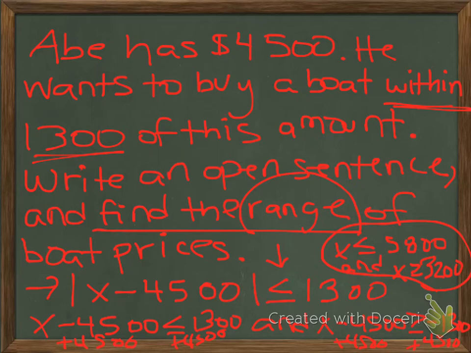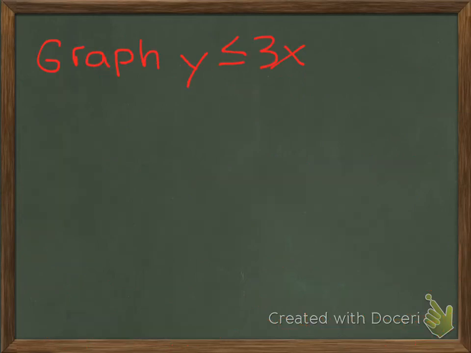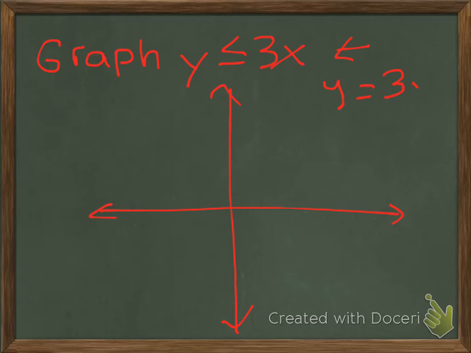Next one you're going to have to do on a graph paper, or they will provide the graph for you on the test. But I'm going to draw my graph here. So notice I do not have a y-intercept here, but when graphing, you always need this to be in slope-intercept form. So this is in slope-intercept form if I consider it y equals 3x.